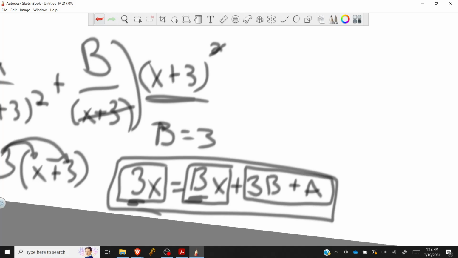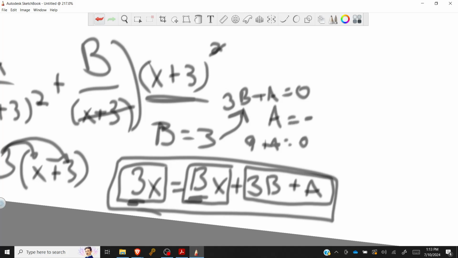And the constant here is going to be 0, right? You can imagine a 0 sitting there. So that means that 3b plus a has to equal 0. So if we plug in that, it's going to be 9 plus a equals 0. a equals -9.